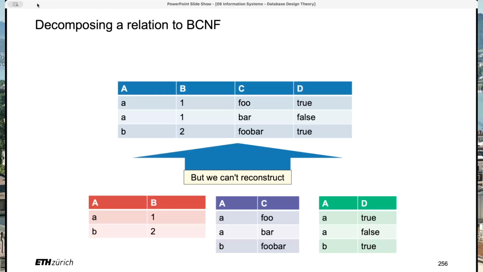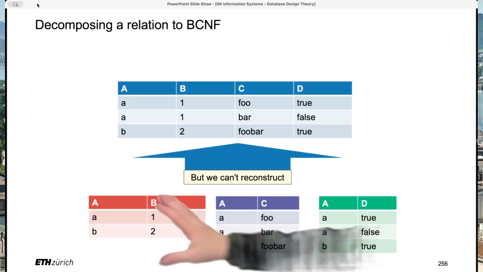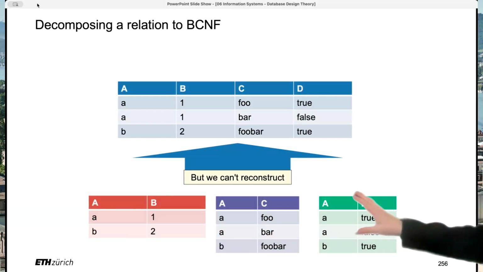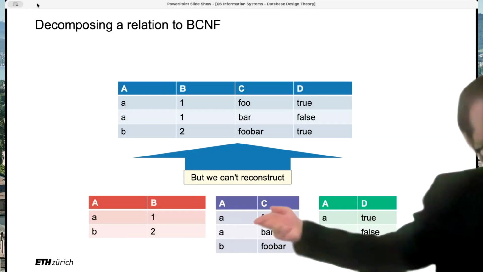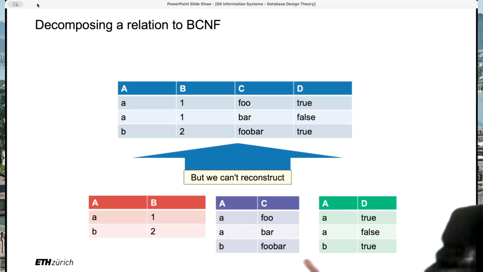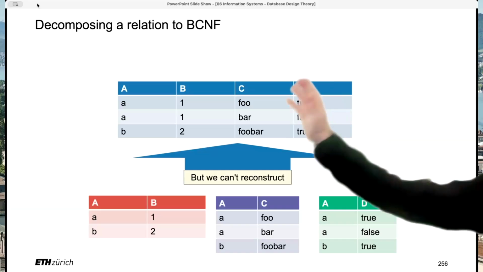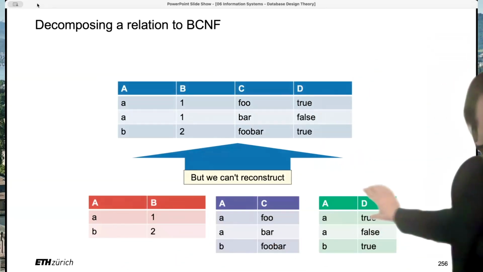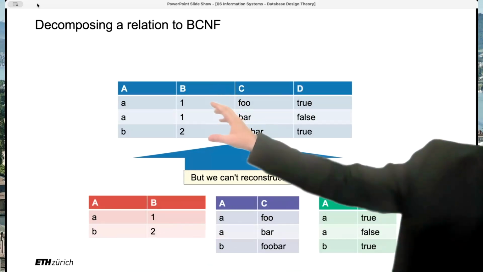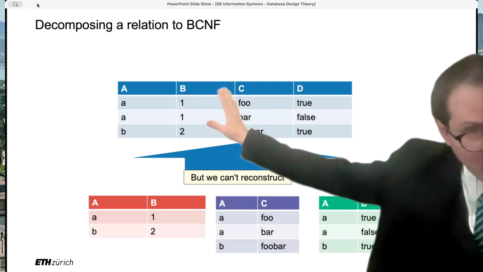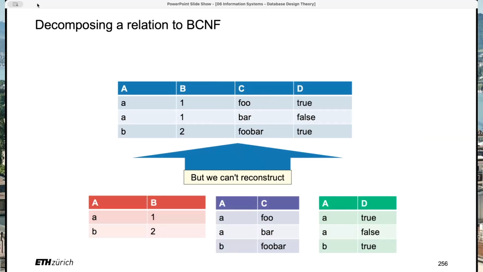So we are looking for a decomposition of the big table on the top into smaller tables, projections, in such a way that if we join them back with natural joins, we get back the table on the top. Then we can say it's equivalent. If the join of these is the same as this, then we didn't lose any information. We have exactly the same data here and there.